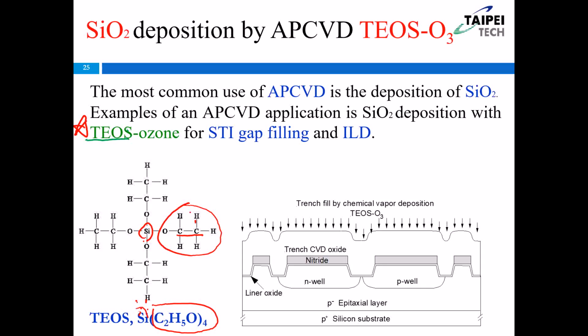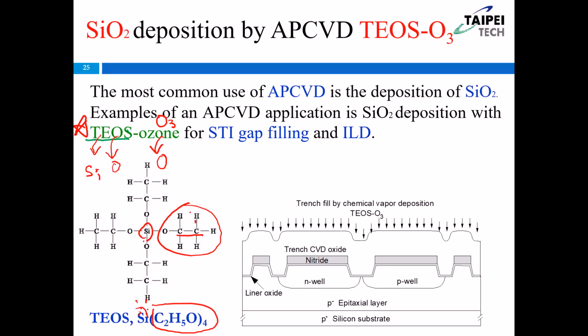The precursor TEOS can provide the silicon, and it can also provide the oxygen, because TEOS has both silicon and oxygen. And how about ozone? Ozone is O3, so ozone can provide the oxygen atom.